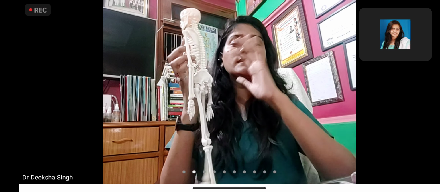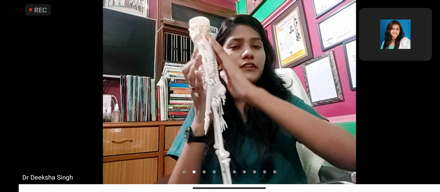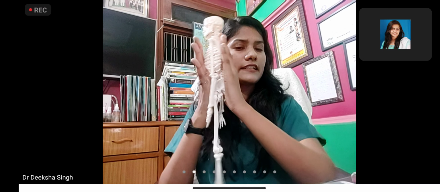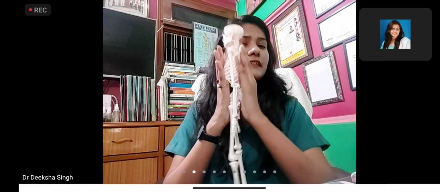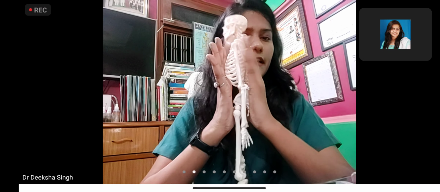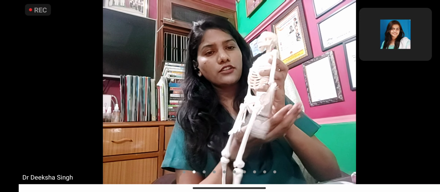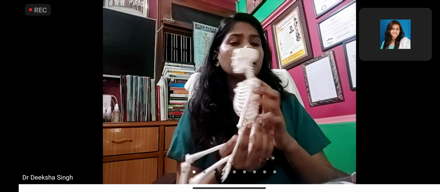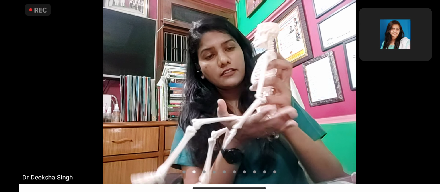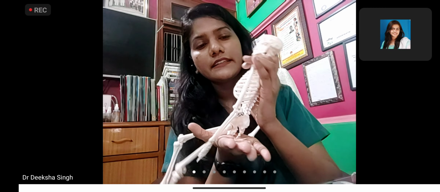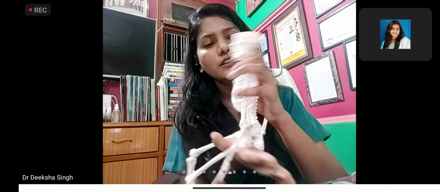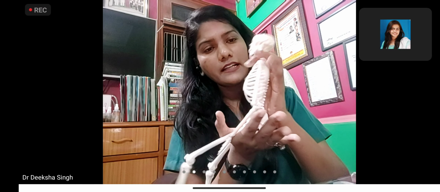Don't just push out to be more lordotic or more kyphotic. How can they settle in a proper posture? They don't have to be very straight. They should always sit on their sit bones, like this. Don't go like this, sitting in a slouched position. Just be in a comfortable position.